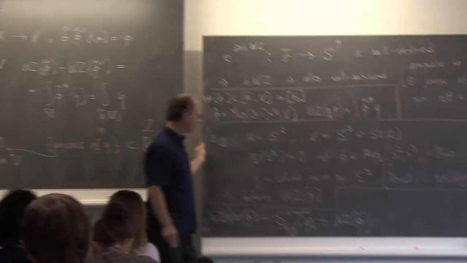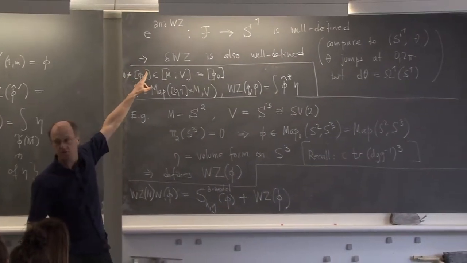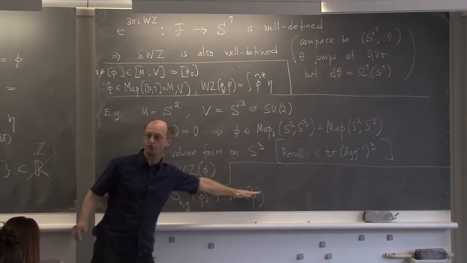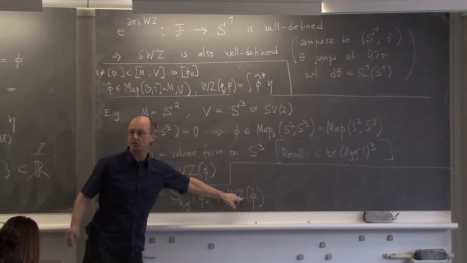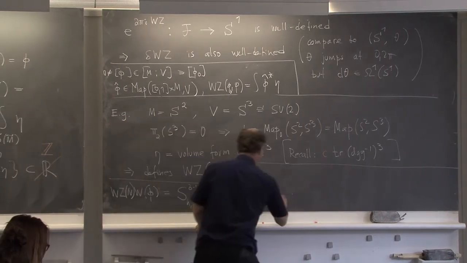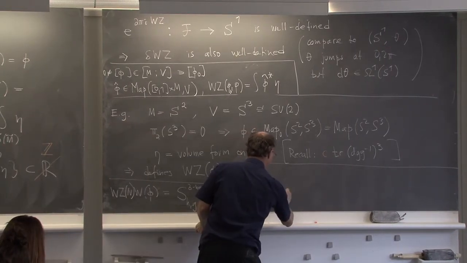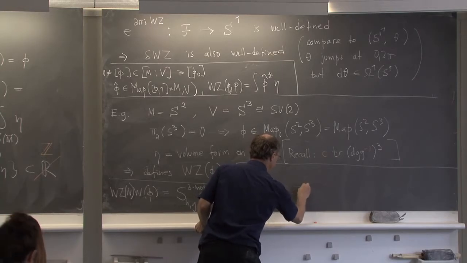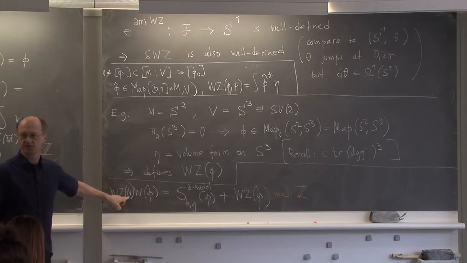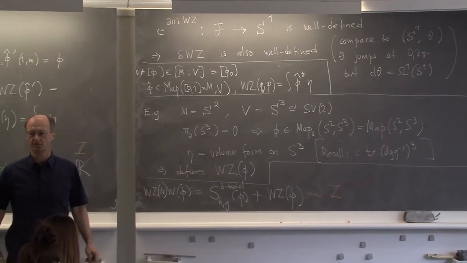And as the Wess-Zumino term is not strictly speaking well defined, I wrote the expression, but it does not quite make sense. It makes sense mod Z. So that's why sometimes one more letter is added.